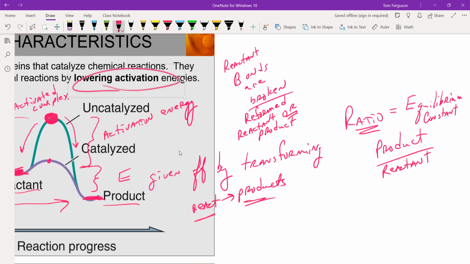Every reaction has an equilibrium constant. That equilibrium constant, again, is a ratio between the products and the reactants. If the equilibrium constant is greater than 1, then you have more products than reactants.